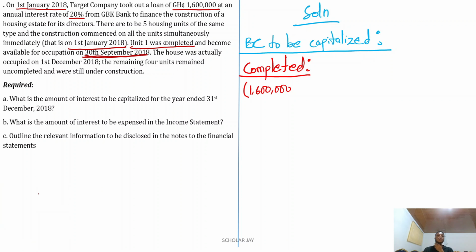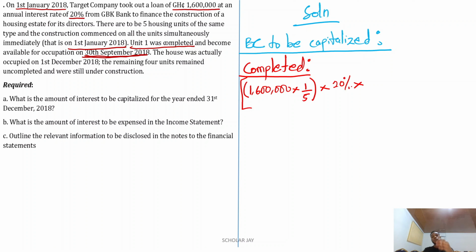Is that not it? So if they were for 5 buildings, what it means is that they are going to share this 1.6 million among those 5 buildings. But only 1 was completed. So let me multiply it by 1 out of 5, times the 20%, which will give us the interest to capitalize.